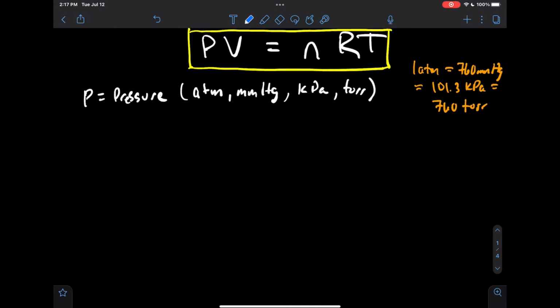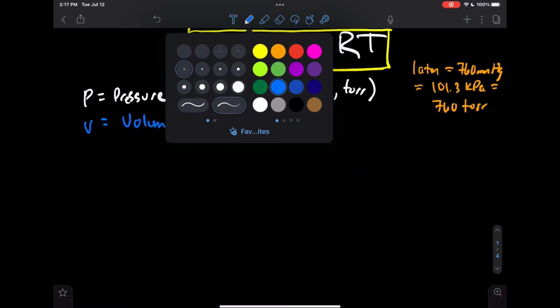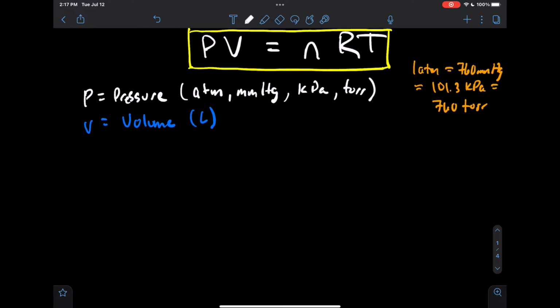So V stands for volume, and that's typically in liters. And for volume, we know that 1 liter equals 1,000 milliliters. The R in the equation is your ideal gas constant.